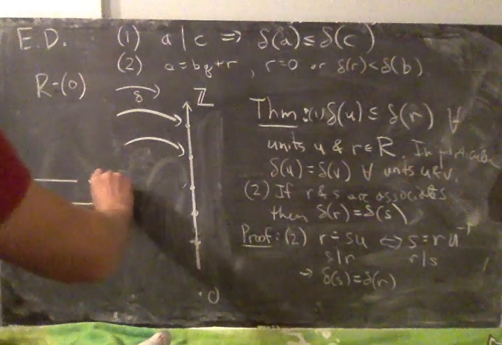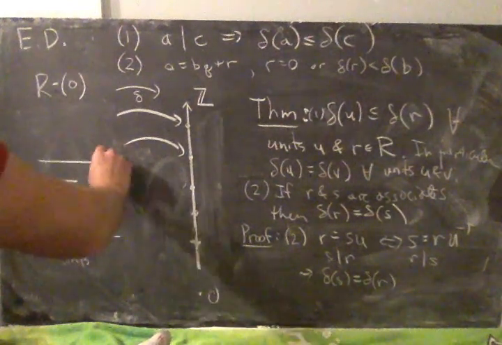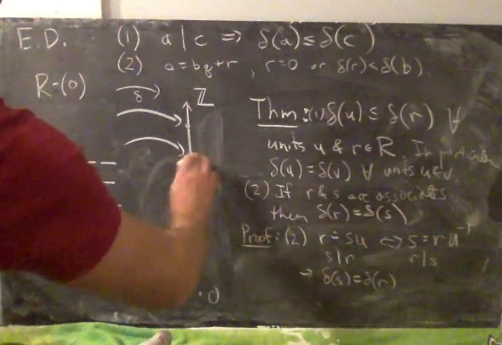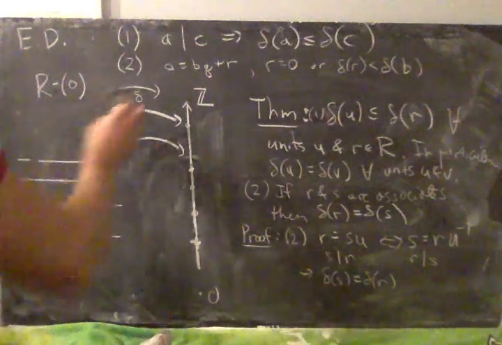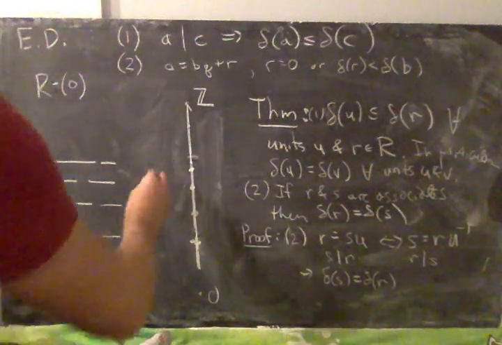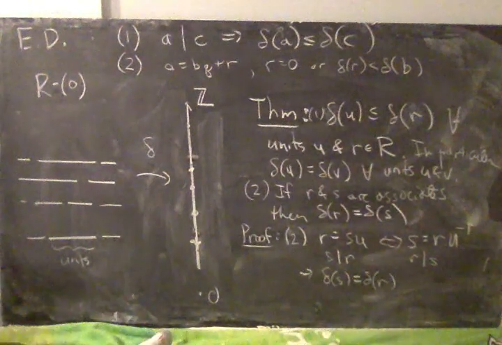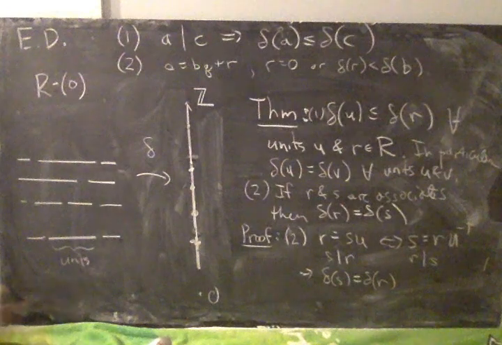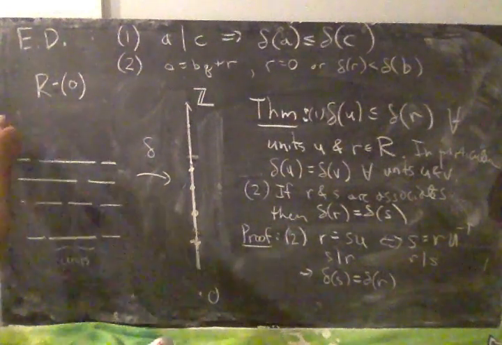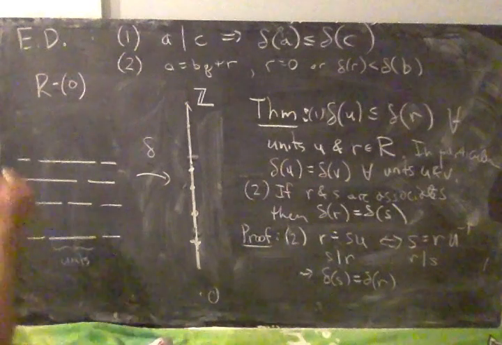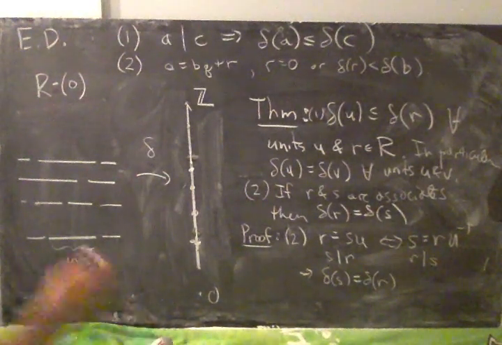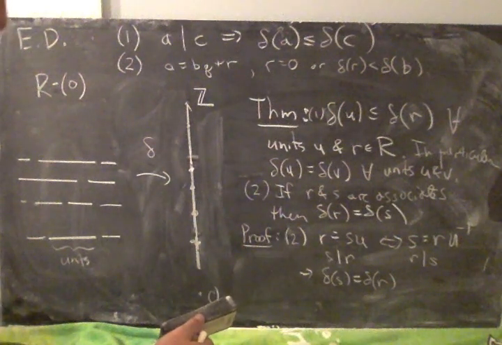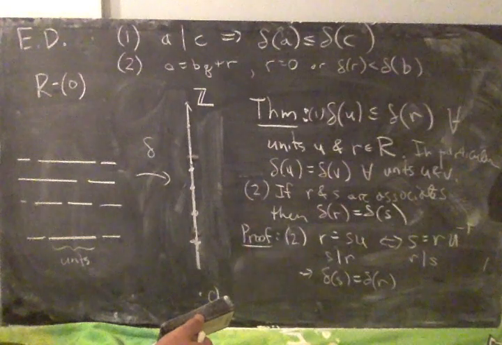So you kind of get a picture, roughly speaking, like this: this delta function breaks up your ring into this hierarchy, into these levels, and each level is broken into equivalence classes of associates, so mutual associates. Okay, so that's the kind of picture we get from the definition and from that theorem.